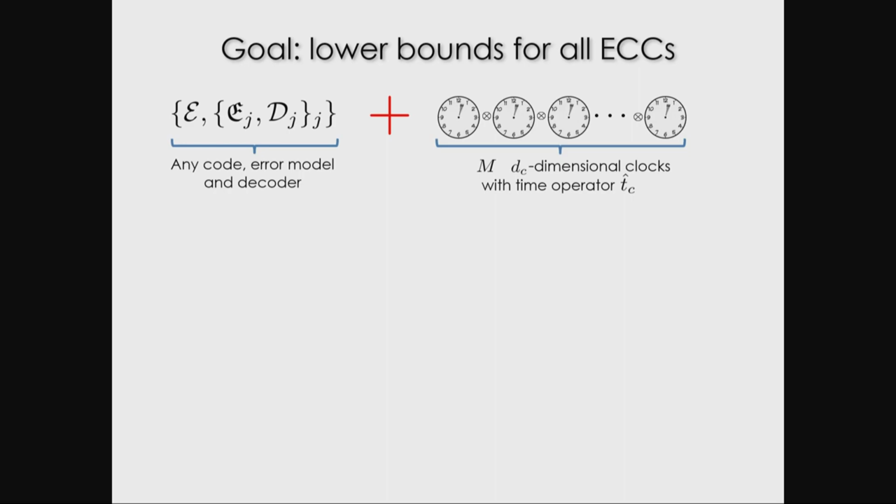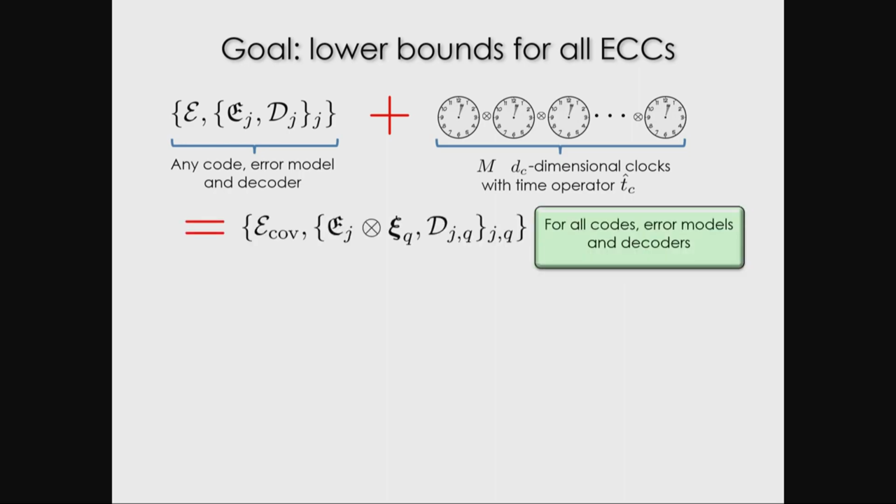We will add some clocks, so m d-dimensional clocks, to the code space in such a way, with such a formalism, that we get out a new code which is covariant with respect to U1 symmetry, a new error map which is the old error map on the original code space plus a new error map on the clocks, which is like an extension of the code space, and a new recovery map.